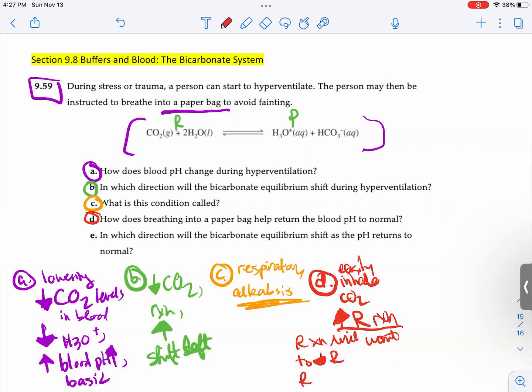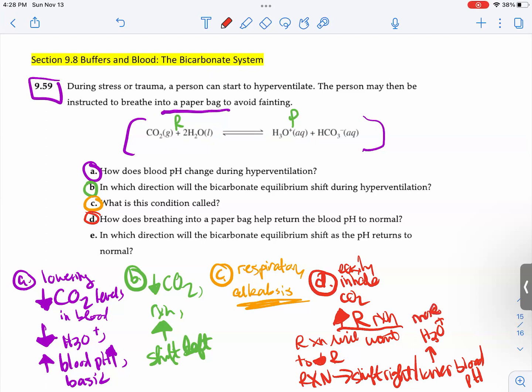So the reaction itself this time is going to want to shift right, away from the reactants. And so ultimately, we are going to lower the blood pH, because what we are doing is going to give us more hydronium ions.